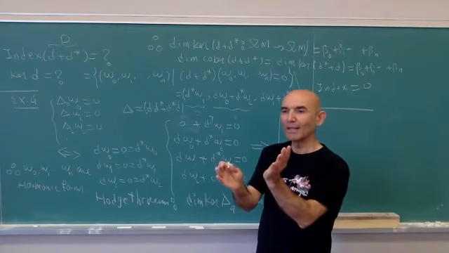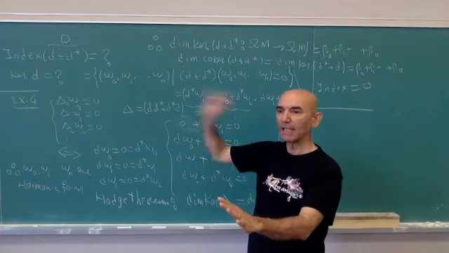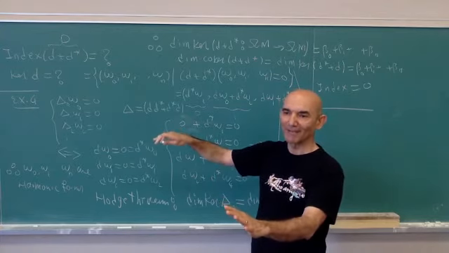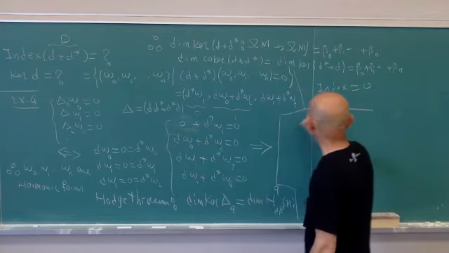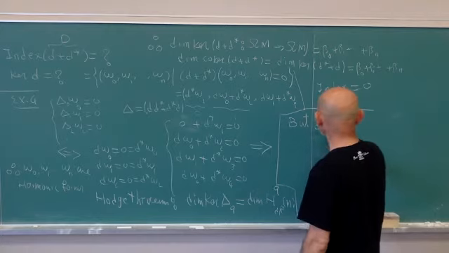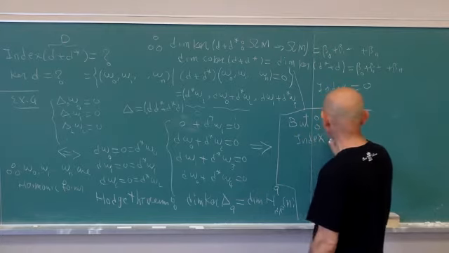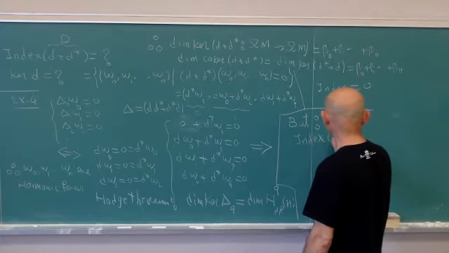We kept one half for the domain space and gave the other half to the target space. So this is the index of D plus D star.